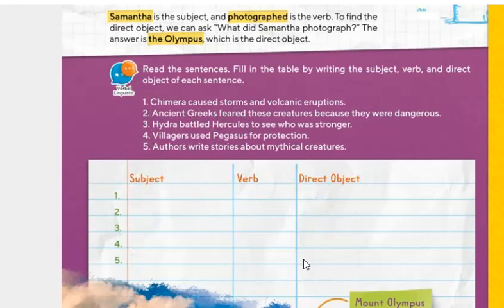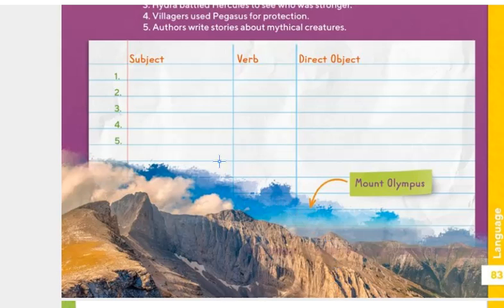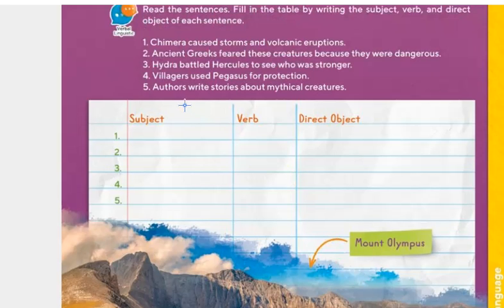I'm going to help you to do the first one, and then you have to complete the exercise. Pay attention. So the first sentence says, Chimera caused storms and volcanic eruptions.